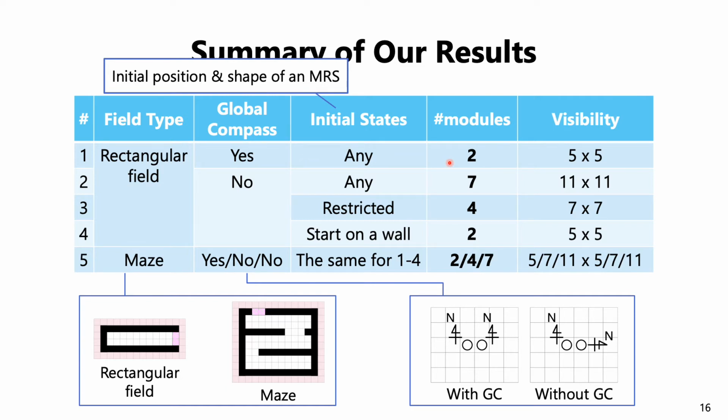And if modules don't have a global compass, 7 modules are required for any initial states. 4 modules for some restricted initial states, and 2 modules if an MRS starts an execution on a wall. And for maze fields, we can apply the same results as those of rectangular fields.